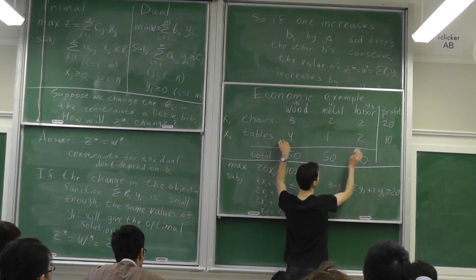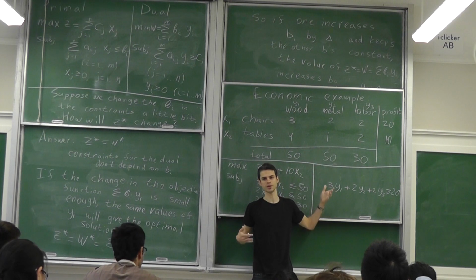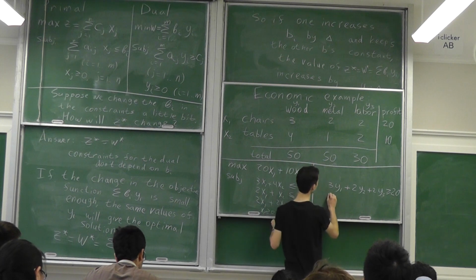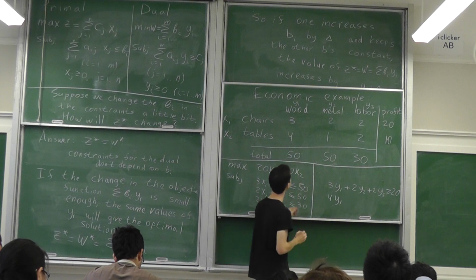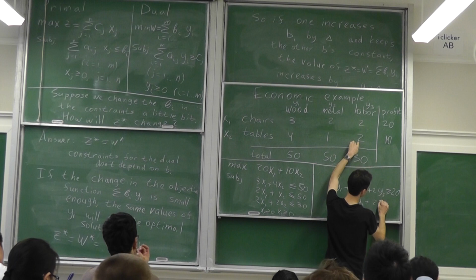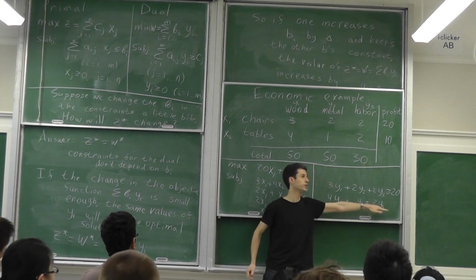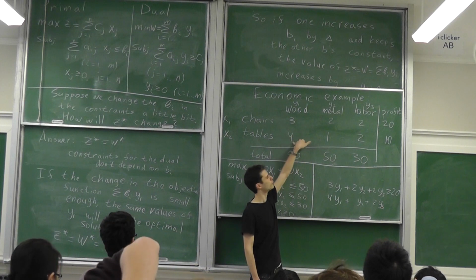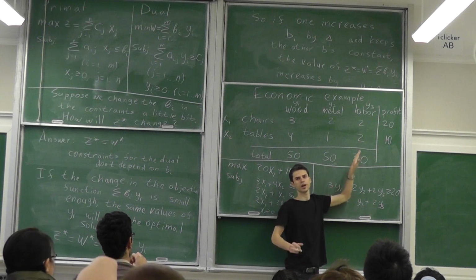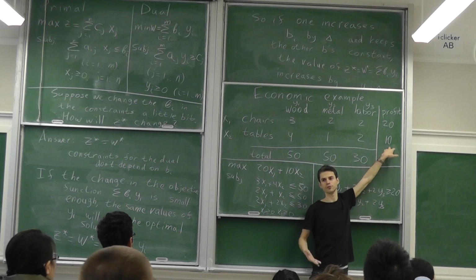Well, I also don't want to sell the wood, metal, and labor in such a way that I would be better off making the table. So I want to impose a condition that 4 times y1 plus 1 times y2 plus 2 times y3, so the amount of dollars that I will get by selling 4 units of wood, 1 unit of metal, 2 units of labor, well, I know that using my production, I can convert them to actual $10 of profit.